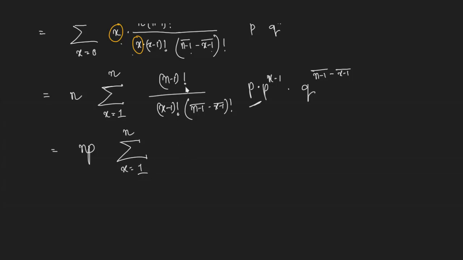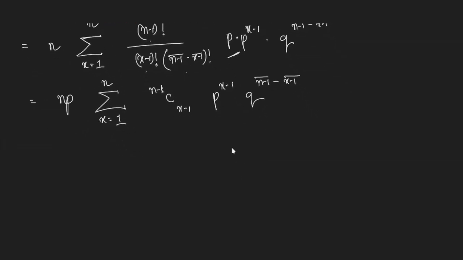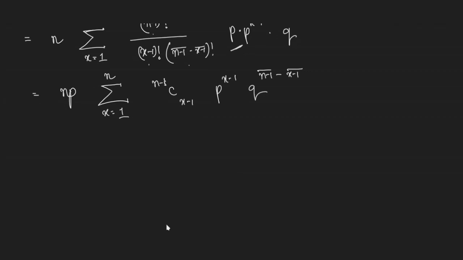This can be written as n minus 1 C x minus 1, since n factorial over x factorial times n minus x factorial is nCx. Then n minus 1 is there and x minus 1, and one p is taken outside, so this will be p to the power x minus 1 q to the power n minus 1 minus x minus 1.